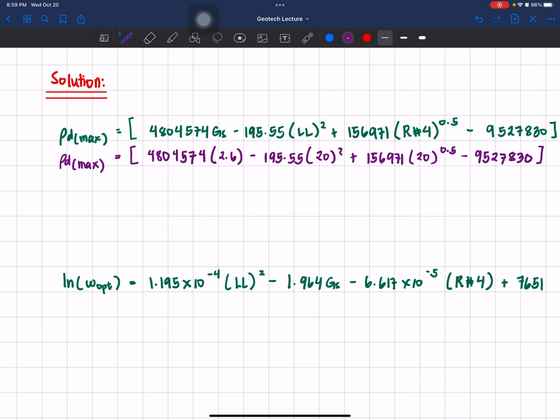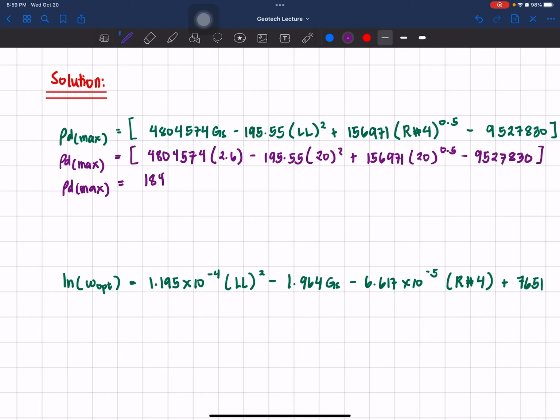Those constants are very long. The good thing is this is online, so you can just open the formula. So, we have our rho dry maximum which is 184.